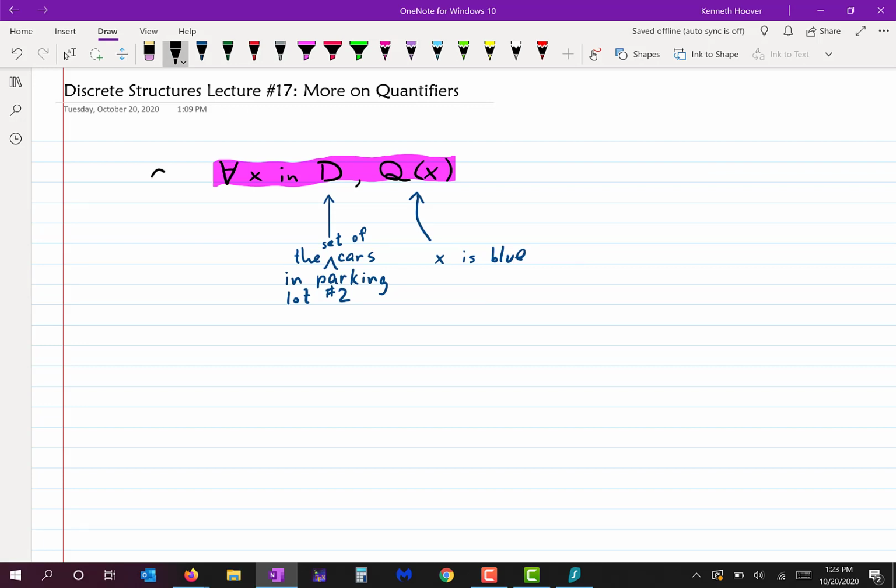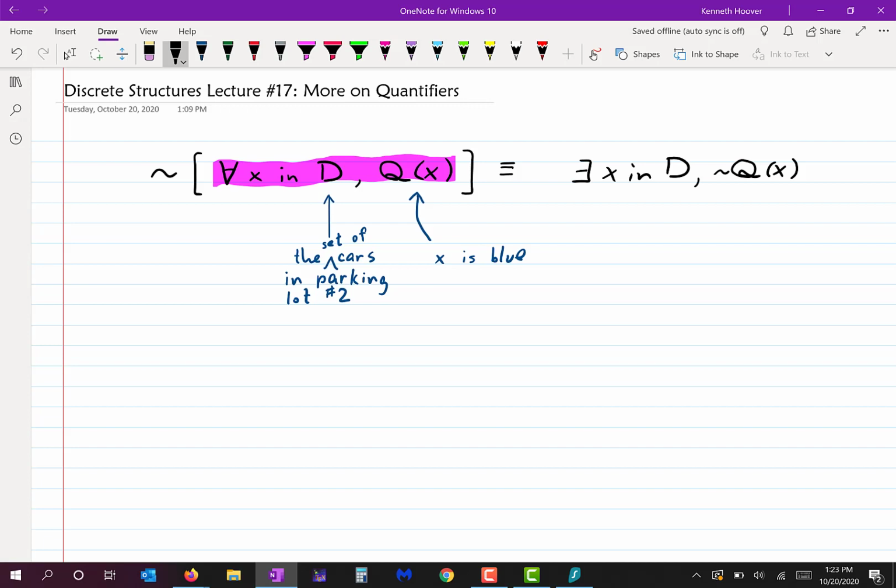So the negation of all the cars are blue is there is one car that isn't blue, or there exists a car that is not blue. And there might be more than one, but again, to prove me wrong, you only have to point out one of them.